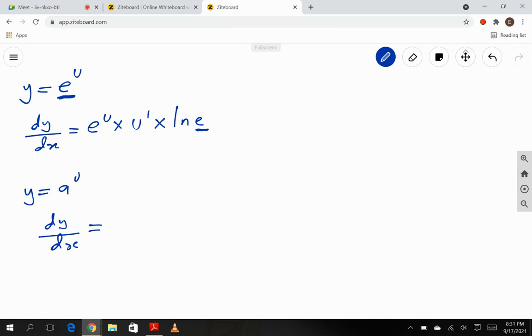So let's work with a to the power u. It simply means that for me to find the derivative of something other than base e, I'm going to say a to the u times u prime times ln A.